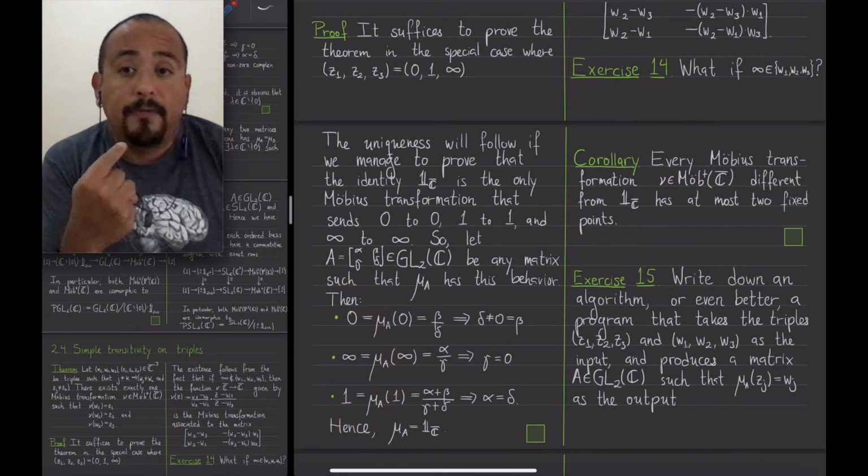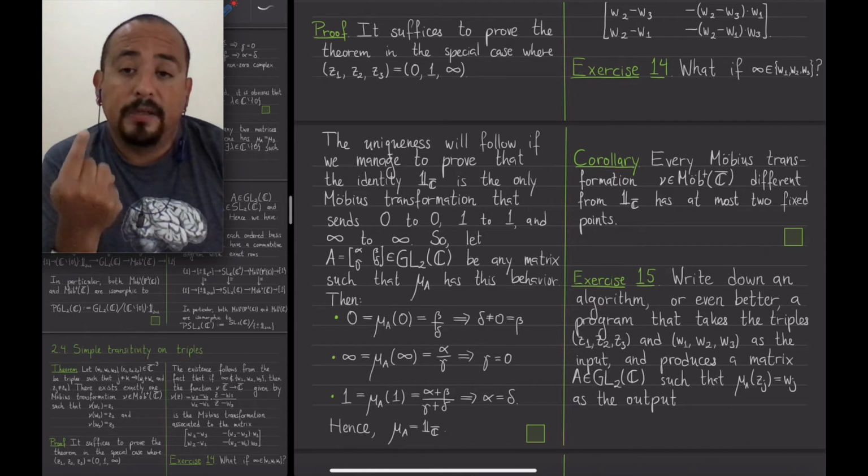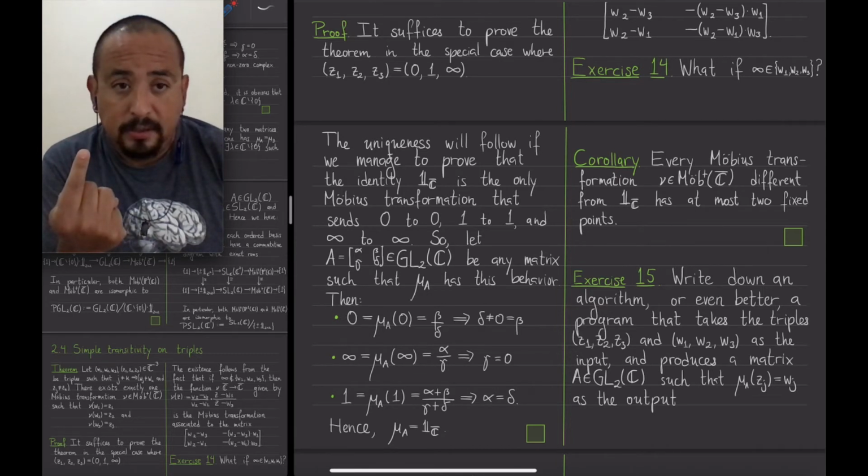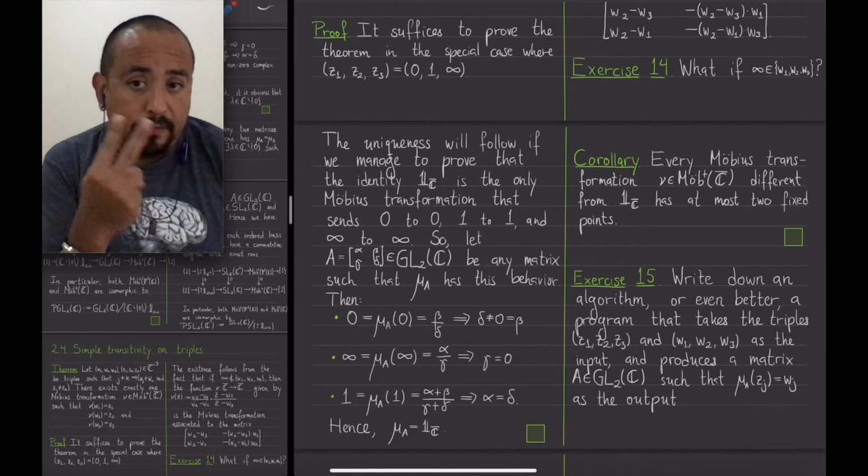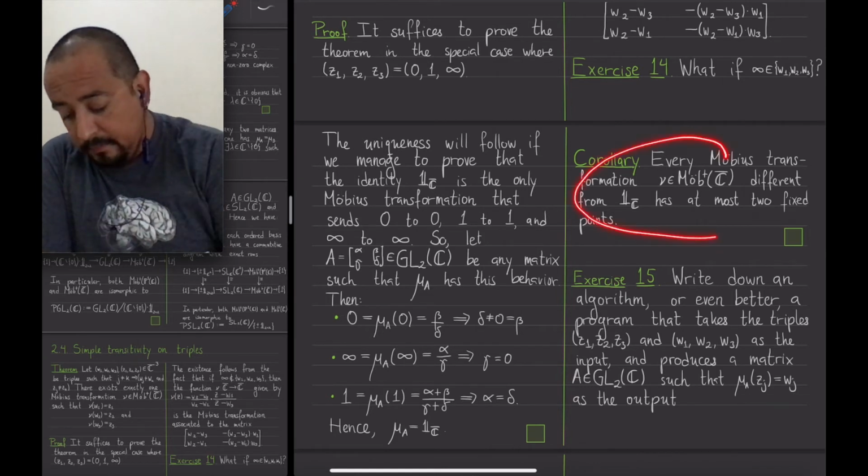That is, if you give me a Möbius transformation, and this Möbius transformation is not the identity, then it has at most 2 fixed points. Right? Okay.